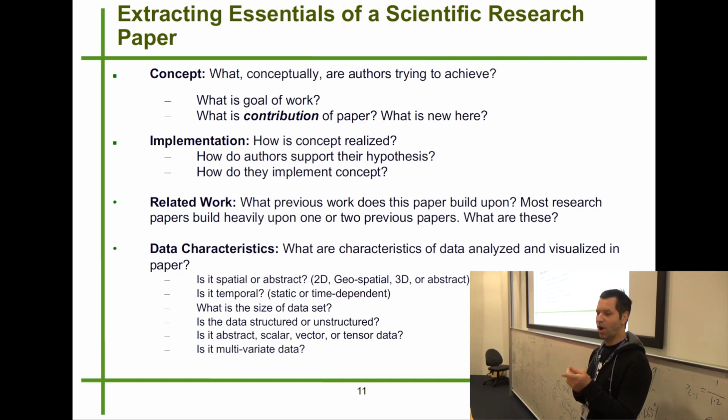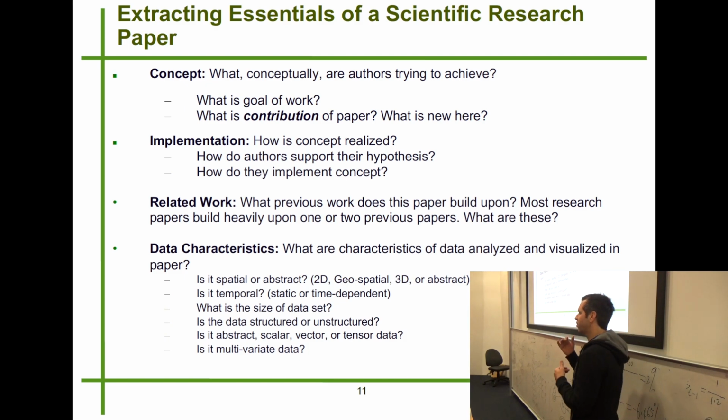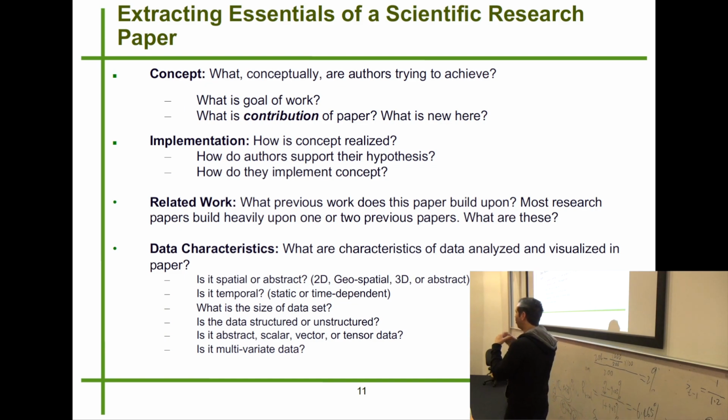So the concept is stated in the abstract and in the introduction. You might want to read both because sometimes the abstract, although it does say what the concept is, is in such a short form that it might not be enough. You might want to read the introduction to get a better, more detailed understanding of the concept.